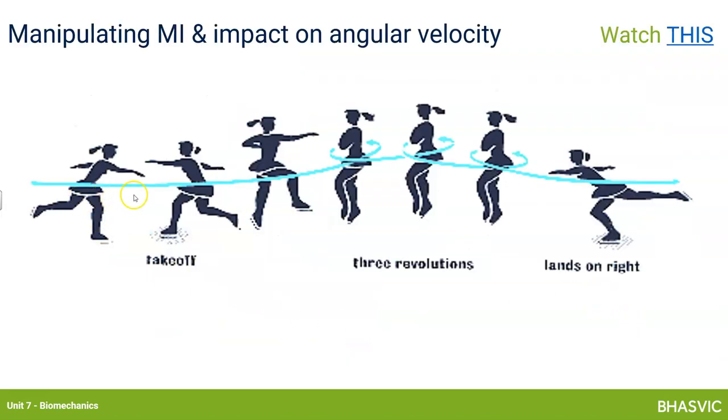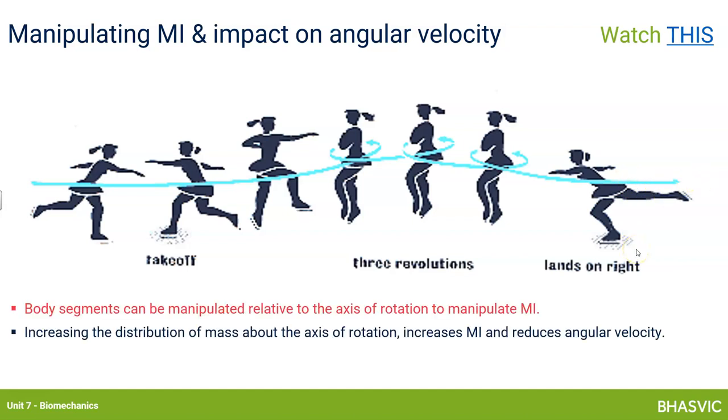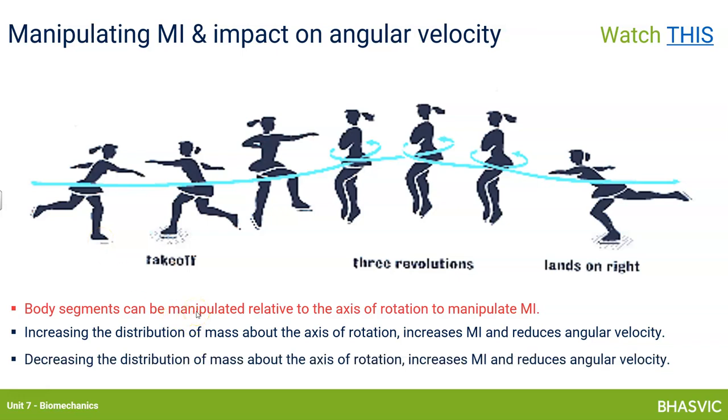Again, take off, big moment of inertia, tight tuck, low moment of inertia, open up, slow us down, again, high moment of inertia. So all of these body positions and the way you have your limbs and how you distribute your body around the axis of rotation is basically us manipulating our moment of inertia, which in turn influences our rotational angular velocity.